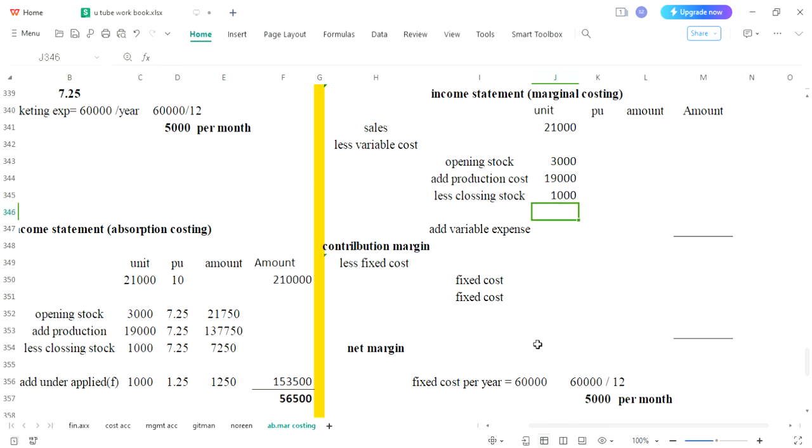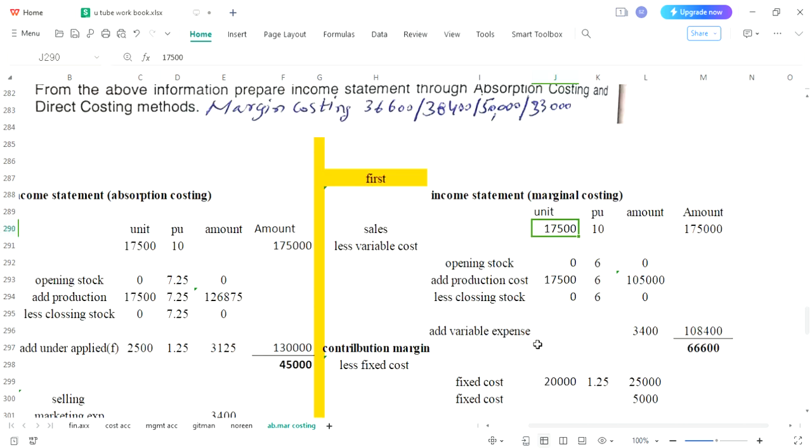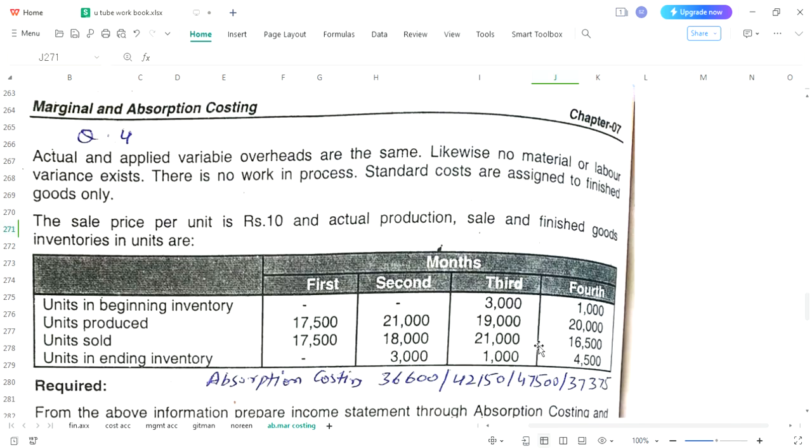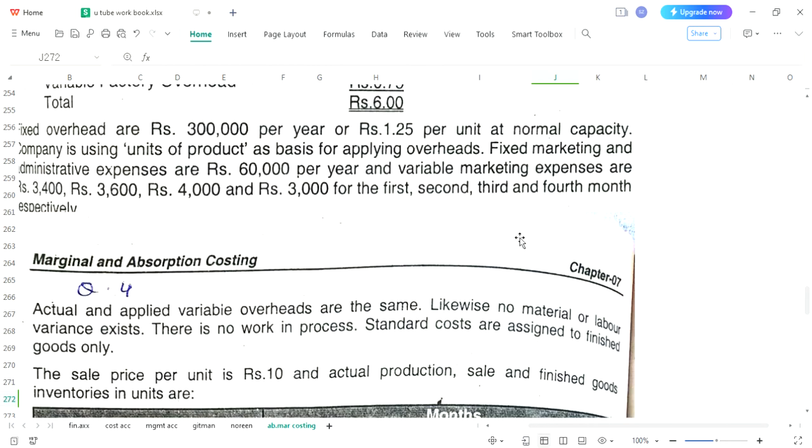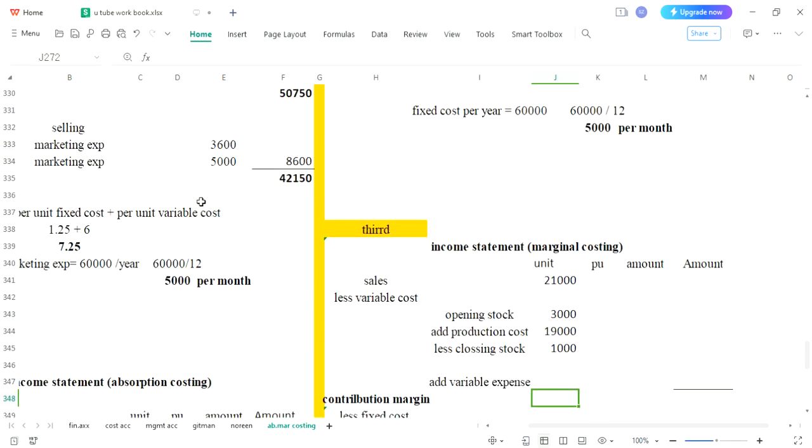All units are completed. Extra variable expenses: we will go back in the question and you can see that this is variable. We need to have variable expenses for the third part, 1, 2 and 3. Third part 4,000. Variable expenses you can put over here.